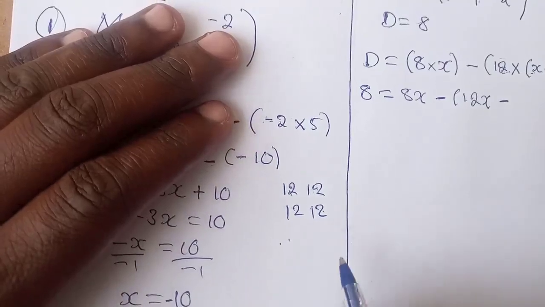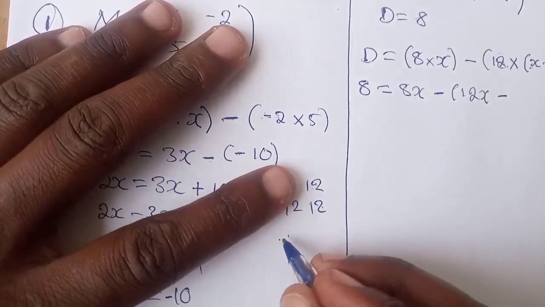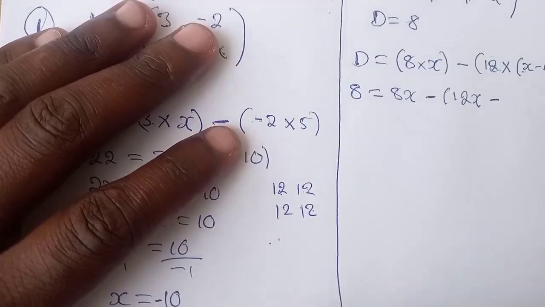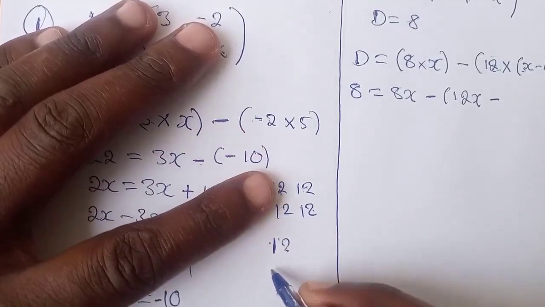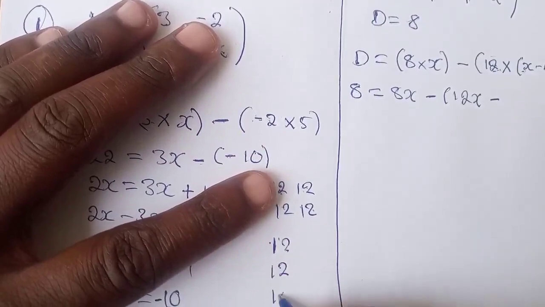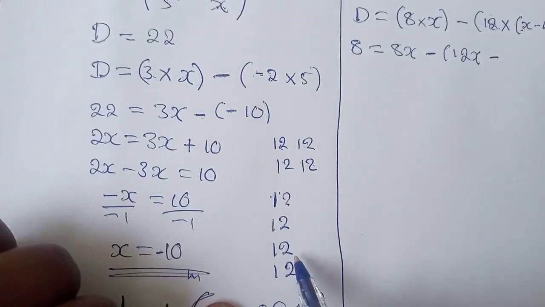I wrote this to make it simple for you. Let's say they are saying 12 times 4. So 12 should come 4 times: 1, 2, 3, 4. They want 12 to come 4 times.